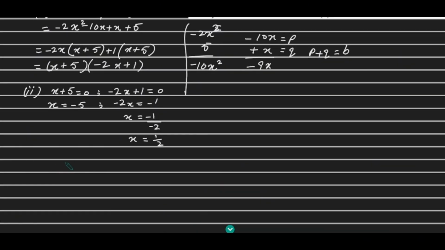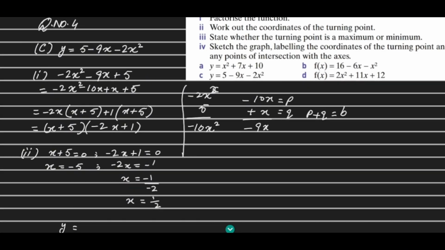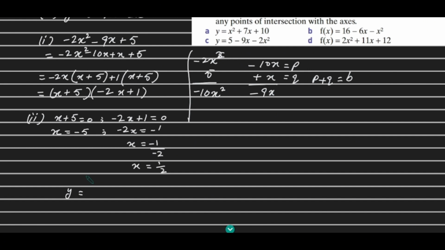Now y equals 5 minus 9x minus 2x squared, which is the given equation. Now as we have found x equal to minus 5 and x equal to 1 by 2, we make the graph of the equation.